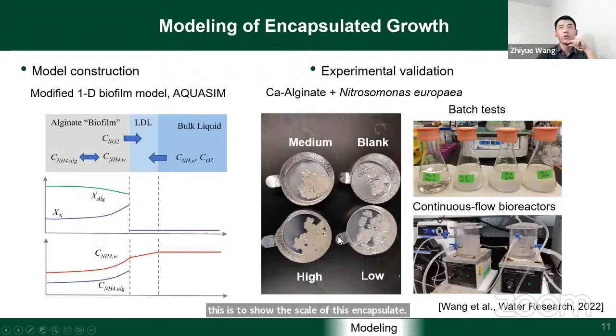They're about 2 millimeters in diameter, and they're beads in structure. And then we studied both batch tests and continuous flow bioreactor systems, and all these experiments were done under non-sterile conditions. So we would like to test its capability of retaining this pure culture inside.